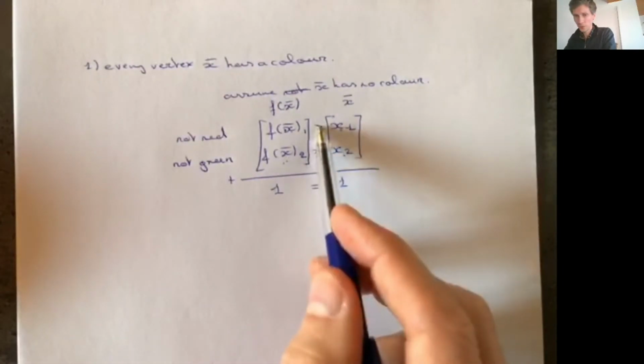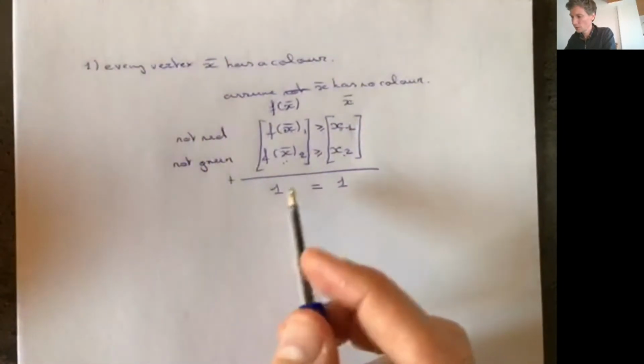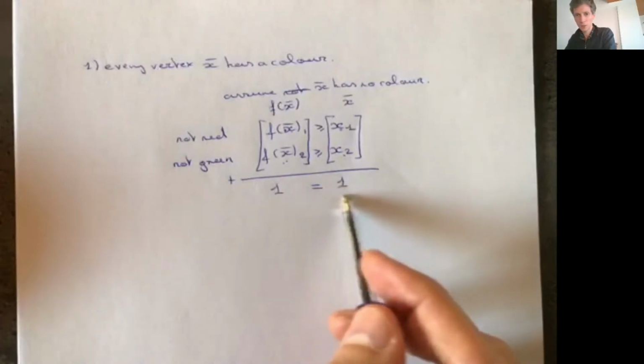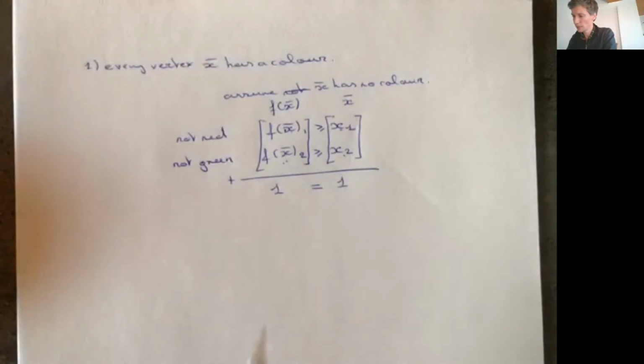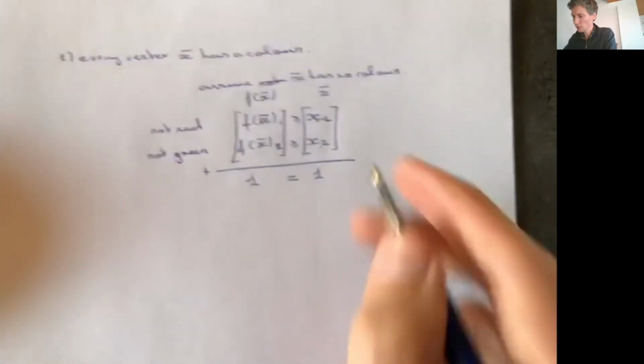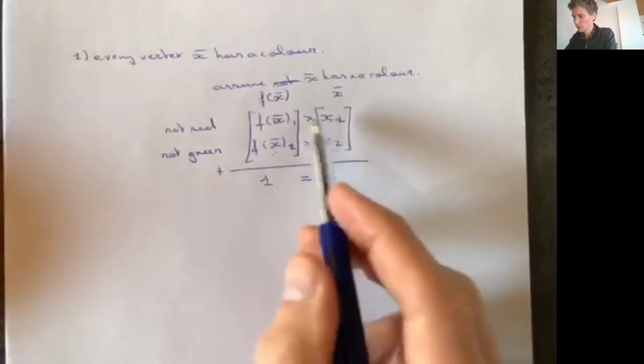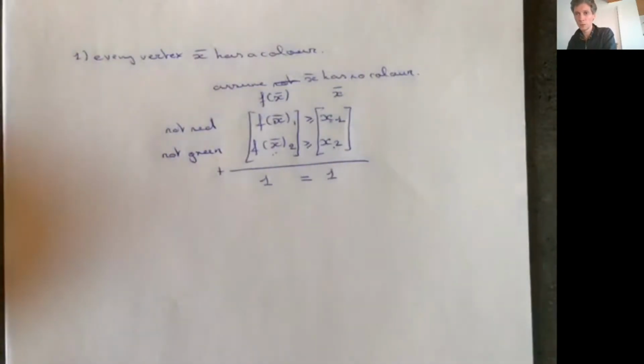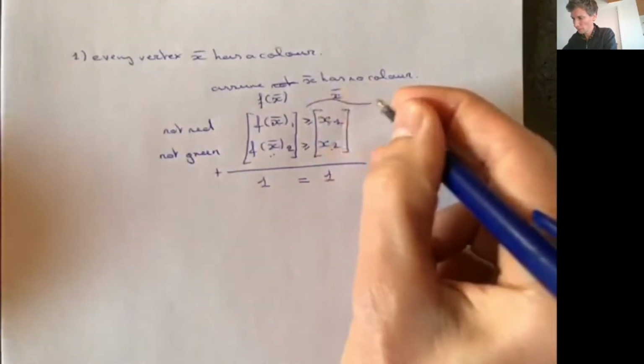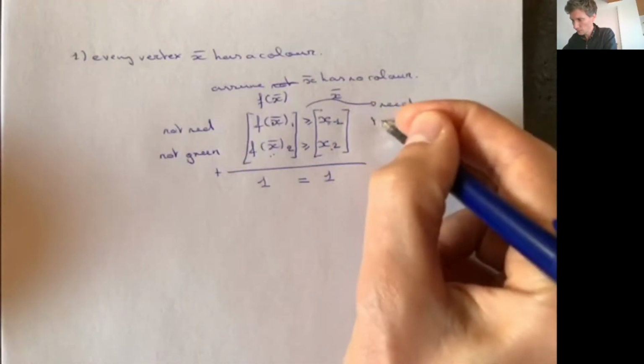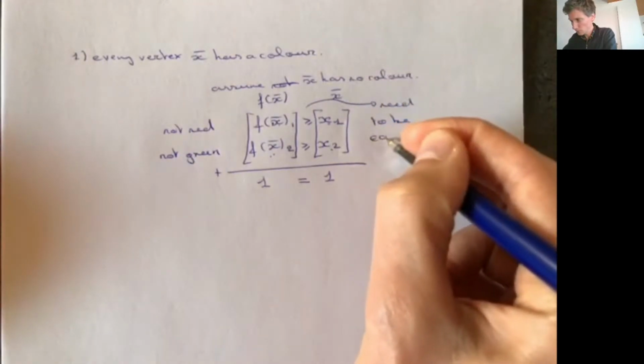Now, if one of these inequalities were a strict inequality, then this sum would be strictly bigger than the other sum. Given that the sums are equal, both of these inequalities need to be equalities.